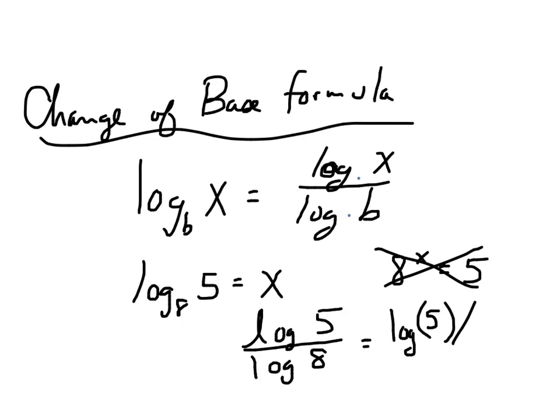You close it out, and you type log, automatic parenthesis, 8, close it out, and it'll give you an answer. And this one should be 0.774 if I round to 3 decimal places. Whatever your book says to round it to, or your teacher tells you to round it to, that's what I would do. So, just so that you are aware of it, that's what the change of base formula is.